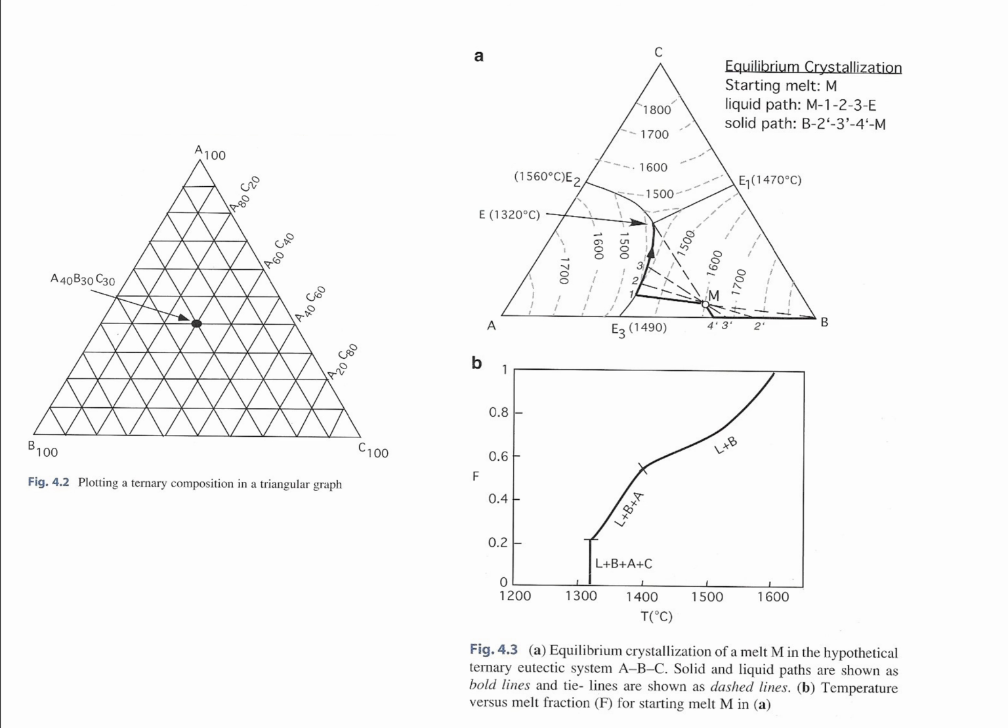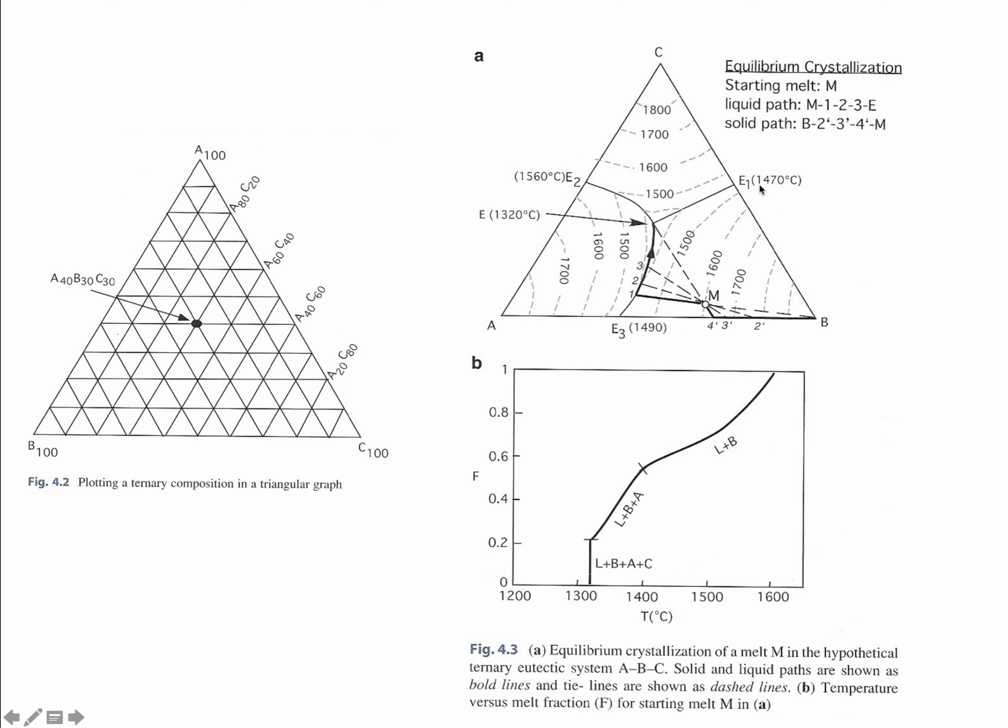Here in A, on that side, we have the equilibrium crystallization starting with the starting melt. The starting melt we are calling M. Then the liquid passes from M over to eutectic point number 1, number 2, and number 3.